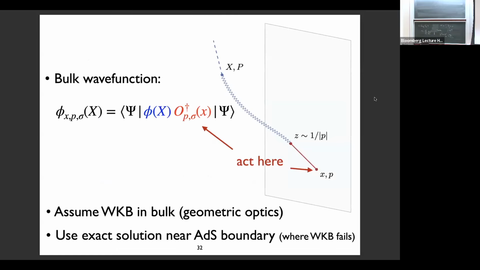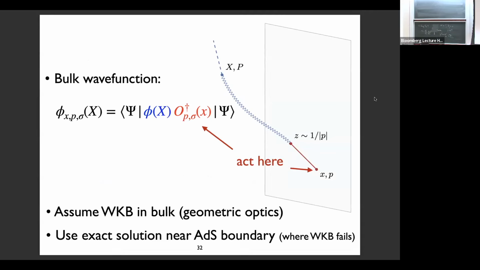How do you get the bulk wave function? Well, you define it as follows. You take this boundary operator and this bulk one, so it's like a boundary-to-bulk propagator. Deep in the bulk, you have some WKB approximation because of the high frequency compared to the bulk geometry. But very close to the boundary, this breaks down and you have to use some exact solutions.